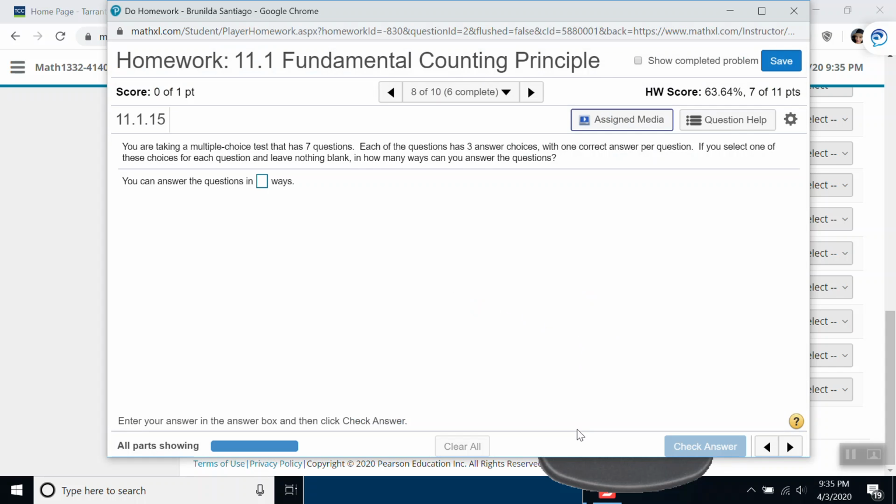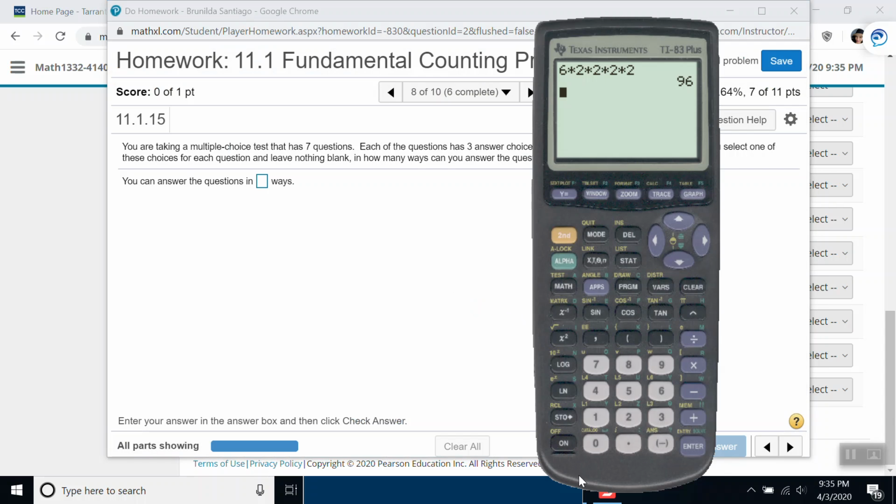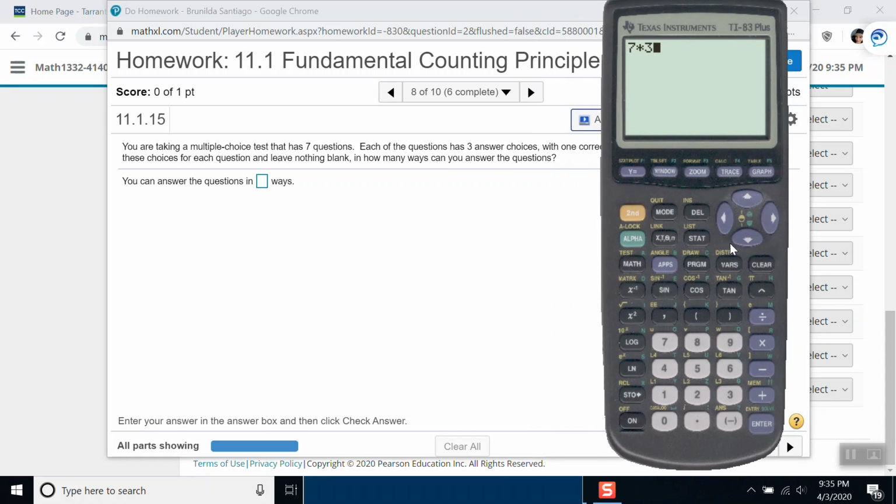So we'll get the calculator. You have 7 questions. Each one of them has 3 choices. So in how many ways can you answer the questions? So that should be 21 ways.